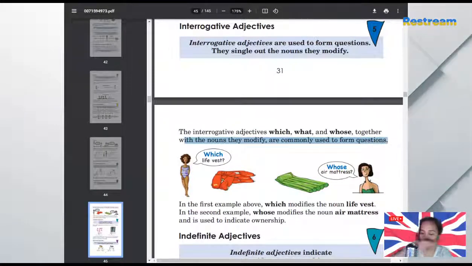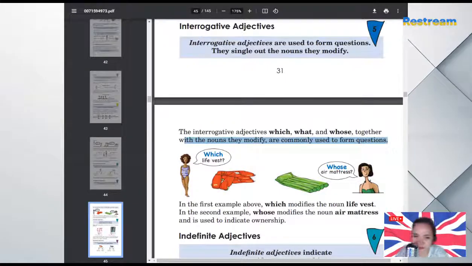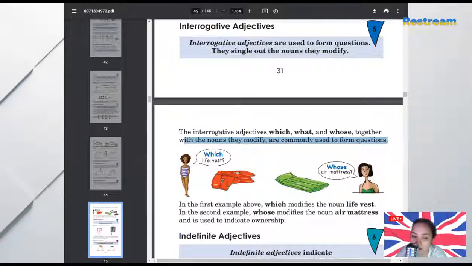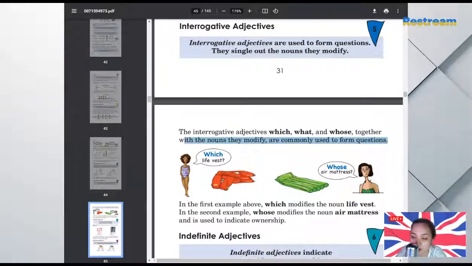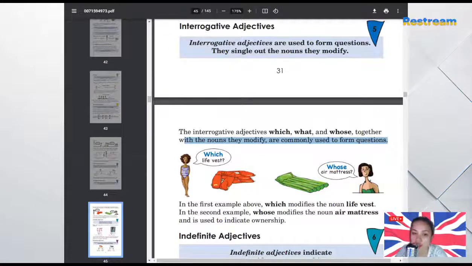So when you are using the WH questions, you can modify the subject, and it commonly modifies the form of questions. For example, we have here which life vest, or whose air mattress.